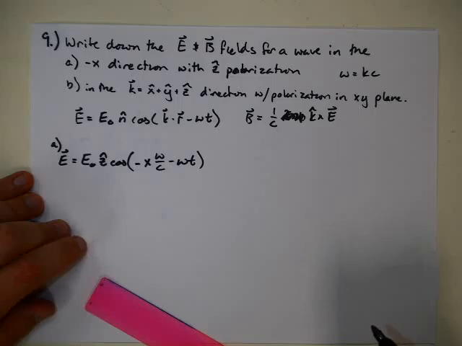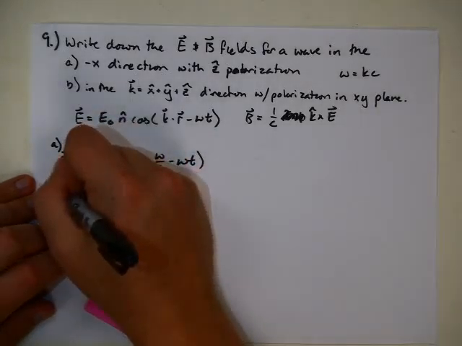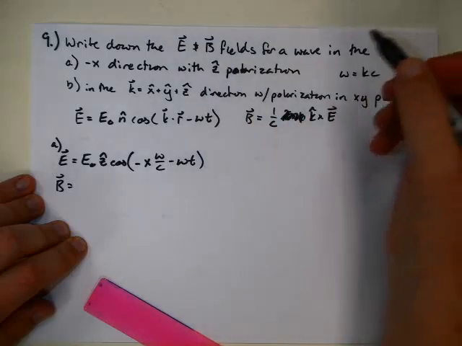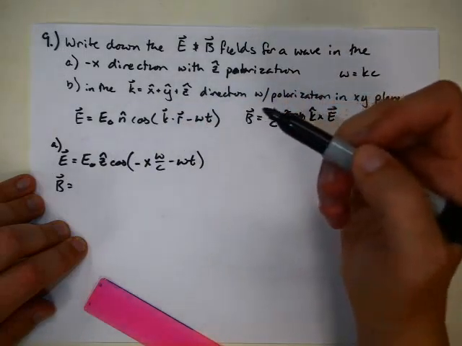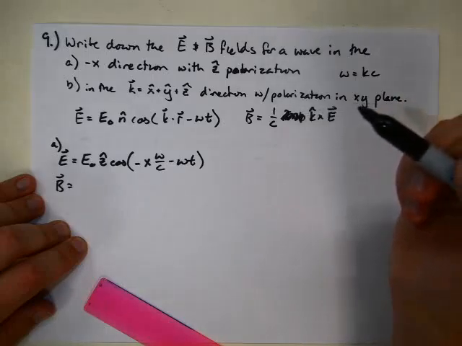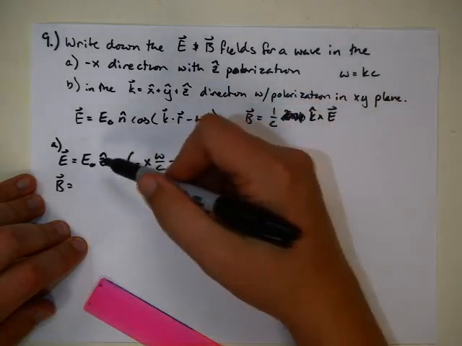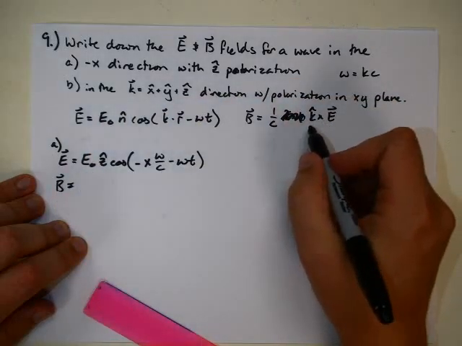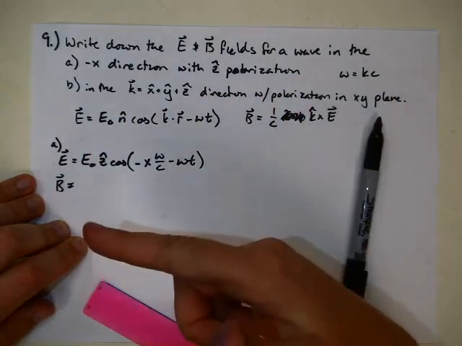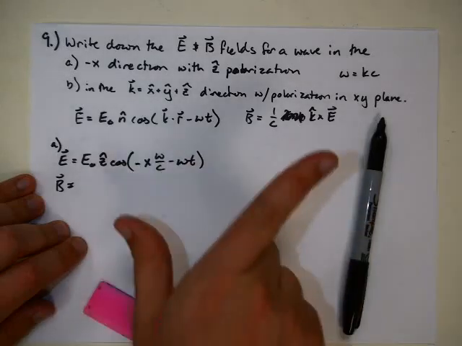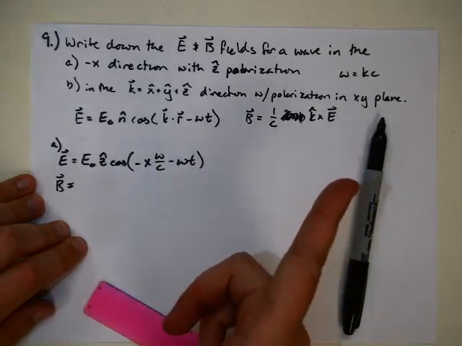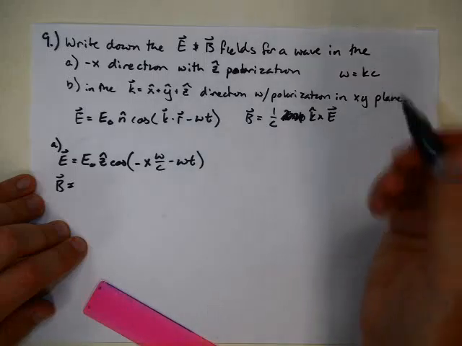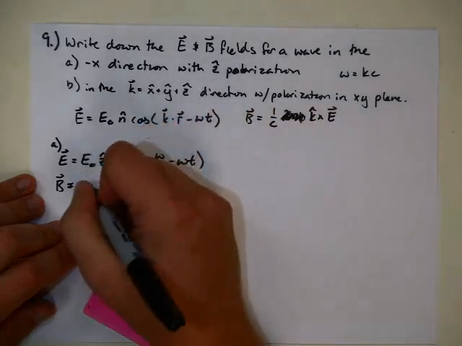The B field then is going to have this same form, but we want a different direction here, and the k is in the minus x, so minus x would be that way, z is that way, and so minus x cross z is y hat.